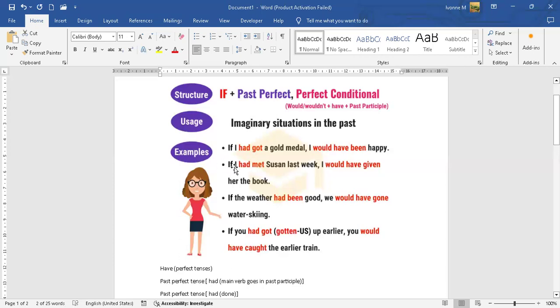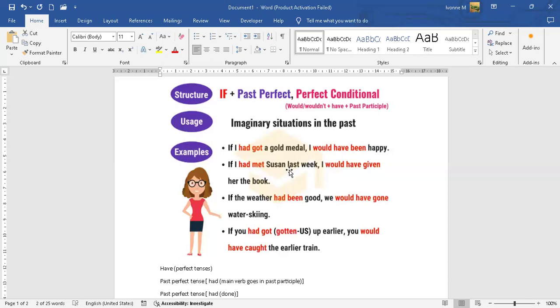So, again, this is an imaginary situation because we're talking about something that did not happen. What's the real situation? The real situation is this person didn't meet Susan last week and Susan doesn't have the book. So this is a third conditional.